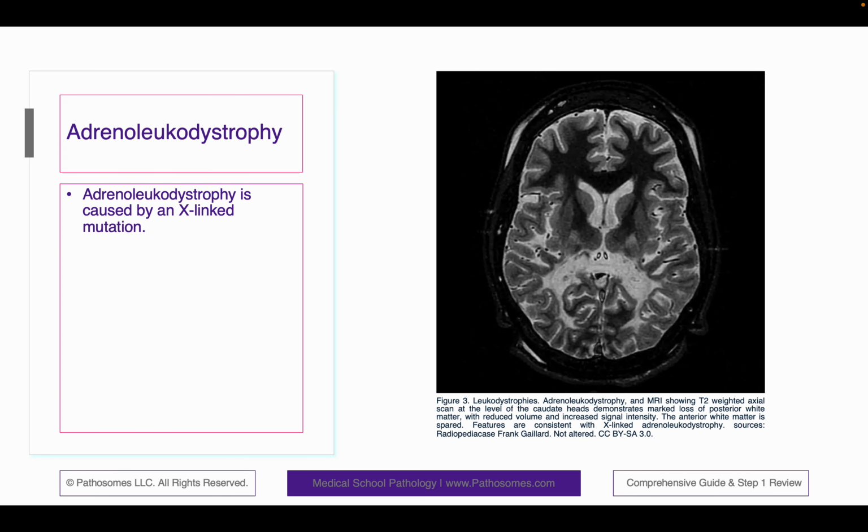Another condition that you must be aware of is adrenoleukodystrophy. Now, adrenoleukodystrophy is caused by an X-linked mutation. To the right, we can see an MRI from a patient with adrenoleukodystrophy. Note the anterior white matter is spared, but at the caudate heads, you can see a marked loss of posterior white matter, as well as reduced volume and increased signal intensity.